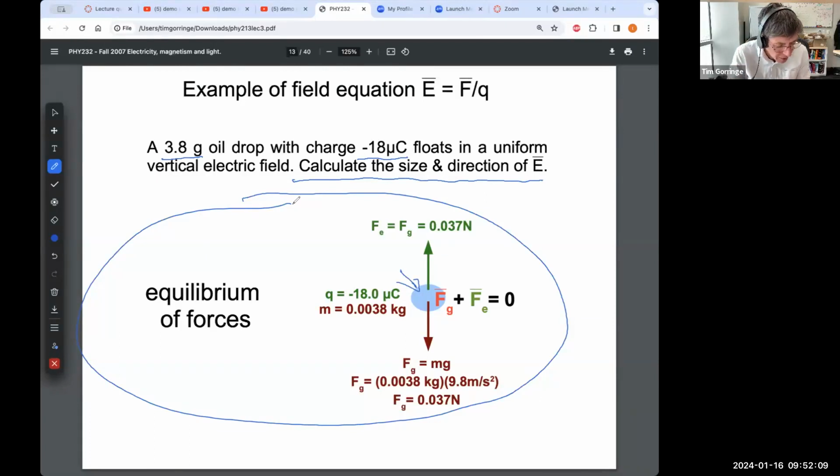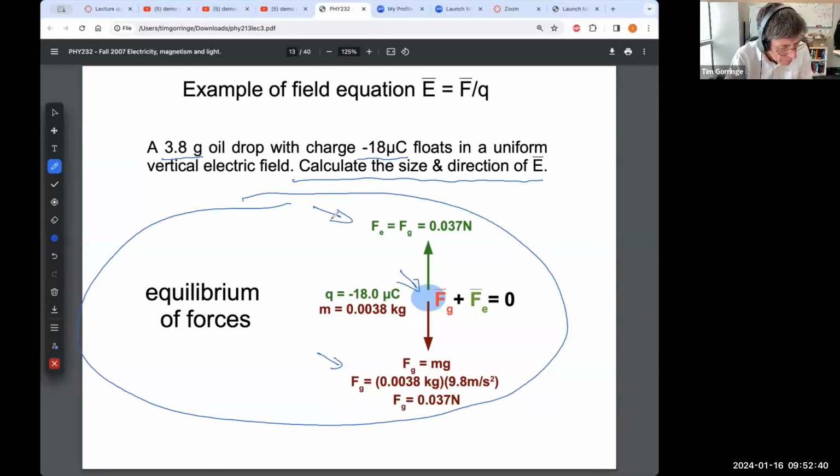On this slide, I used that balance to calculate the gravitational force that the oil drop experienced, and then, once I had the gravitational force, I inferred the electrical force that the oil drop was experiencing. Let me say a few words about this balance, and then we'll find the electrical field.